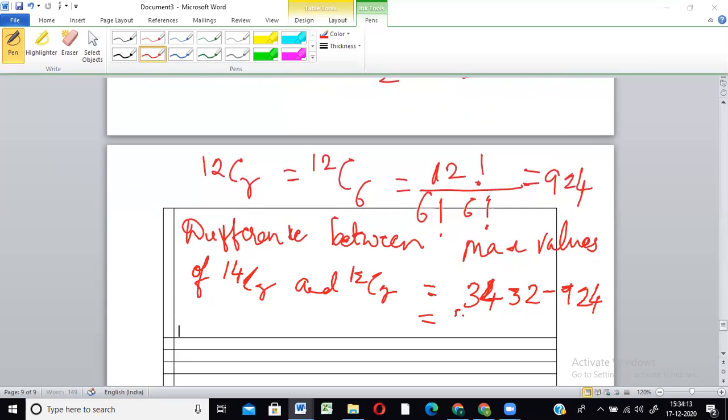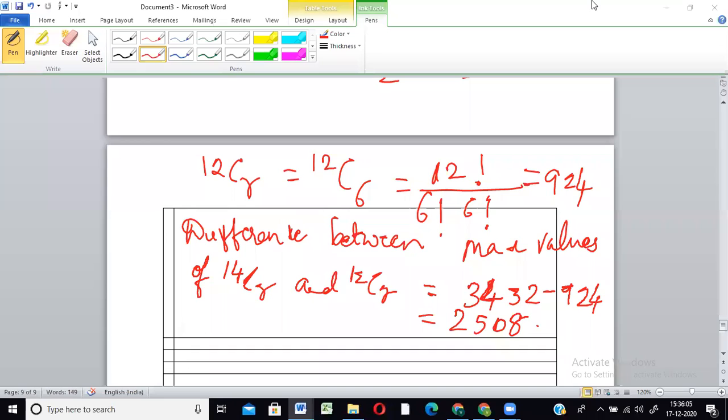So we get the answer as 2508. Okay, so that's the difference between the maximum values of these two. Alright. So if you had some odd value, then you would have done it using the above formula that I said, (n plus 1) by 2 or (n minus 1) by 2. Likewise, you'll find out the value of r and then you will accordingly do it. Okay.